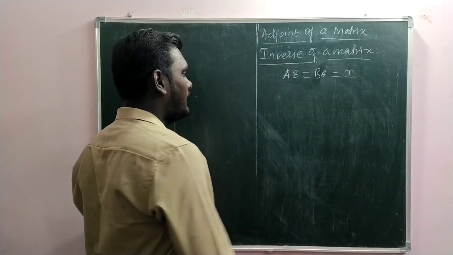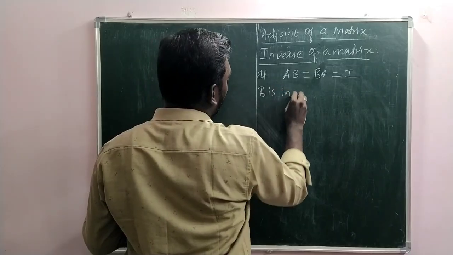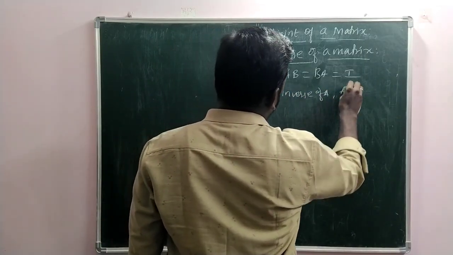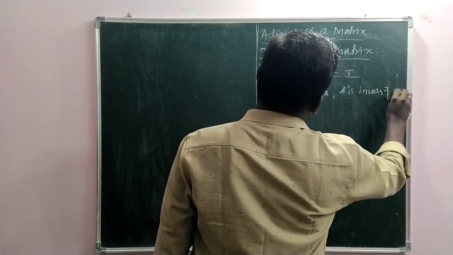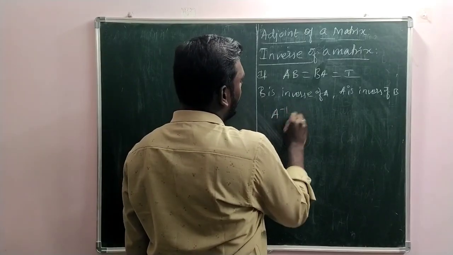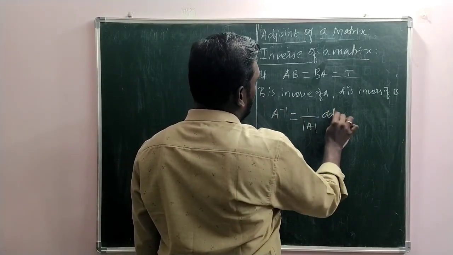Then we say this B is the inverse of A and A is the inverse of B. To find such an inverse, we get the formula: 1 by determinant of A into adjoint of A.